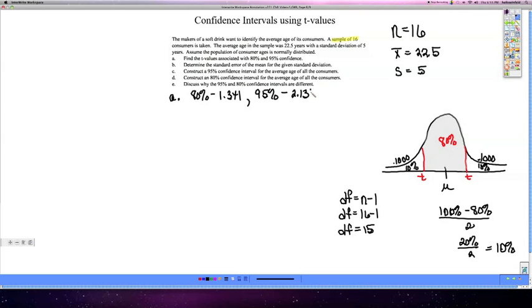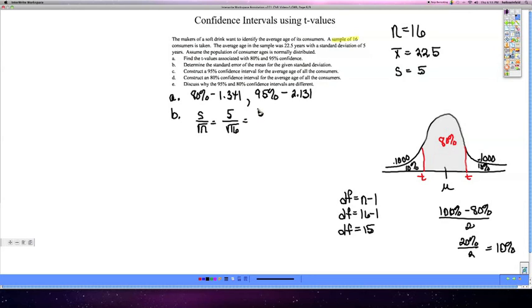For part B, determine the standard error of the mean for the given standard deviation. In this case, we're going to be using the sample mean, and so s divided by the square root of n is 5 divided by the square root of 16.